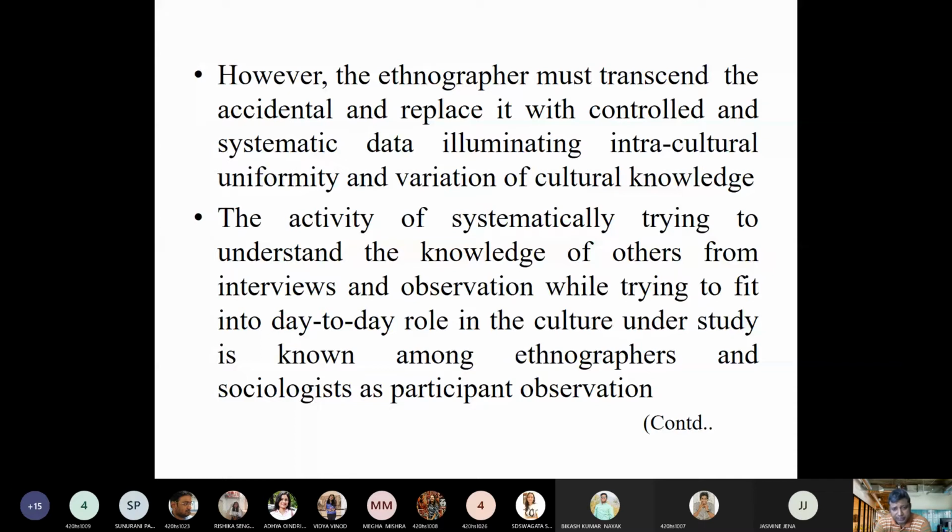The activity of systematically trying to understand the knowledge of others from interviews and observation, while trying to take on a day-to-day role in the culture under study, is known among ethnographers and sociologists as participant observation. Here we look at day-to-day activities in a systematic way too, because unless we do, it will be very difficult to extract in-depth information.